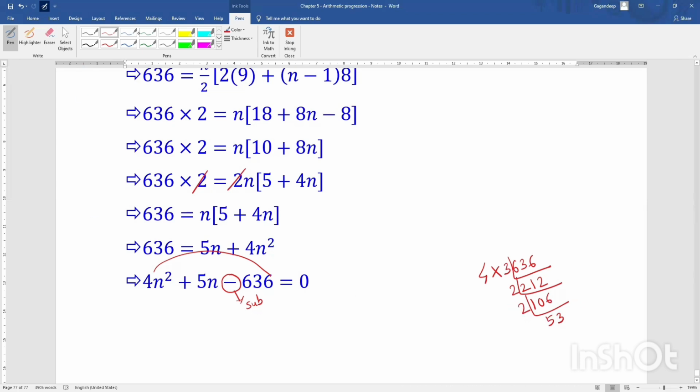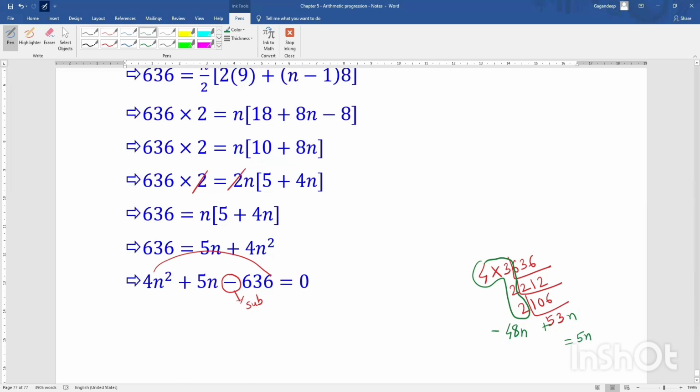Now see how we are going to write the factors. If I combine all these, 4 times 3 is 12, 12 times 2 is 24, 24 times 2 is 48. So 48 and 53. So here you get 48n and 53n. That is minus 48 and plus 53, which should give you plus 5n.